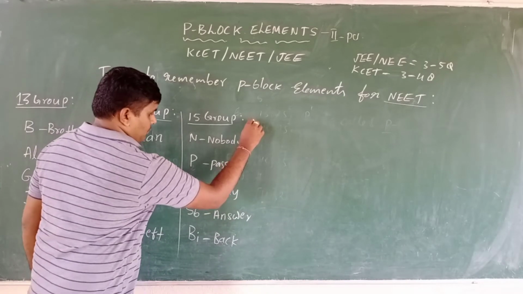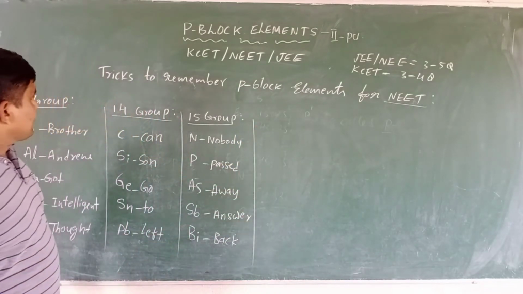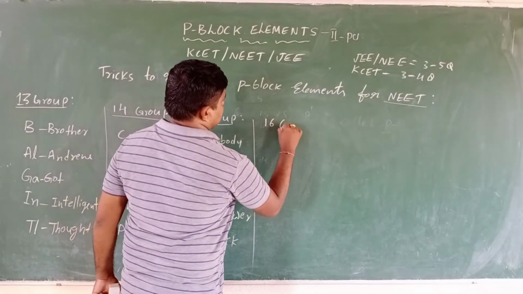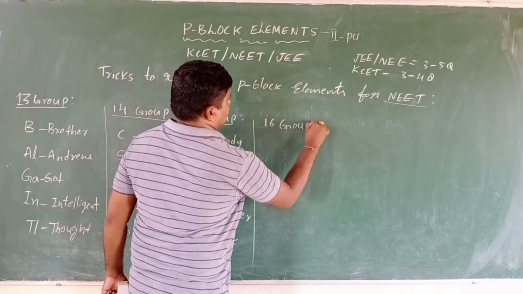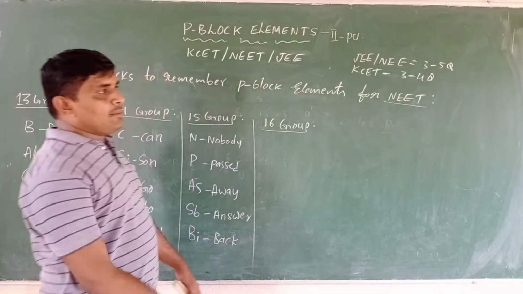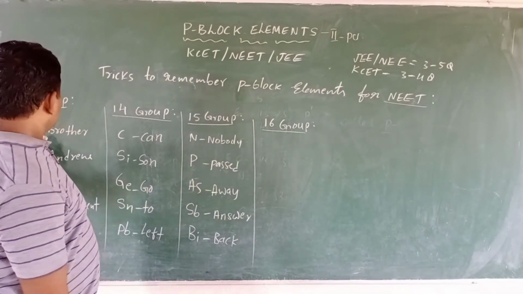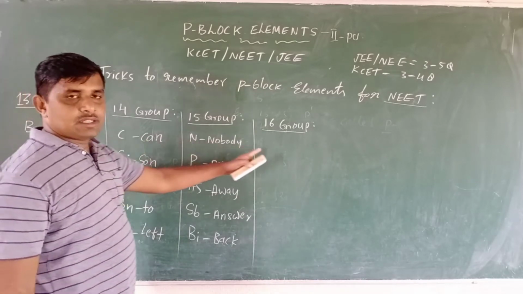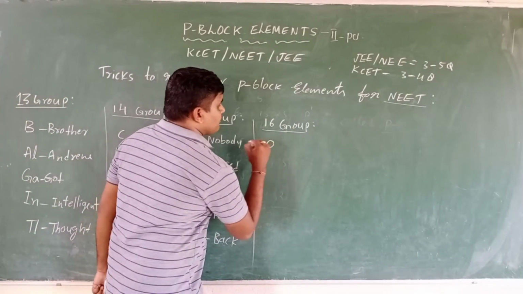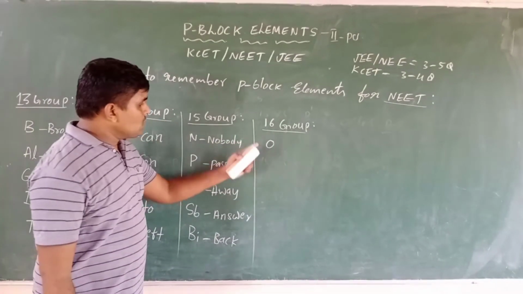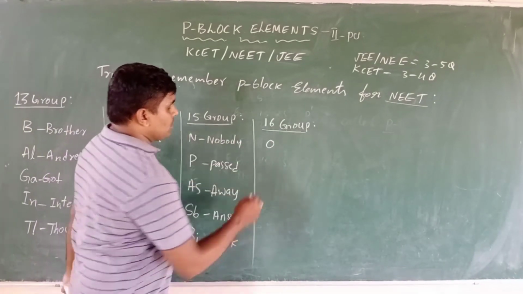Okay, fine. So we will go for the 16th group now. How do you remember the 16th group elements? After boron, carbon, nitrogen, the next one is oxygen, the oxygen family. You can remember it easily by: Oh, someone should tell me the poem.